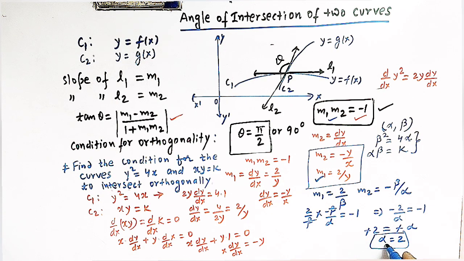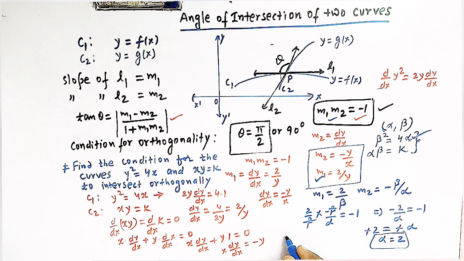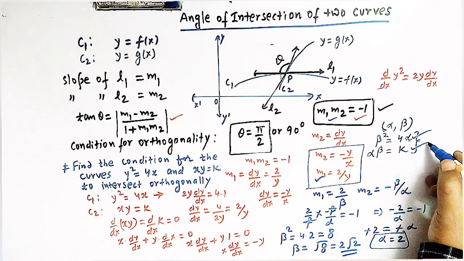And let us substitute the value of alpha in this equation to get the value of beta. So we have beta square is 4 times 2, that is 8. So beta is equal to square root of 8, that is 2 times square root of 2, right? So now let us substitute the values of alpha and beta in this equation.